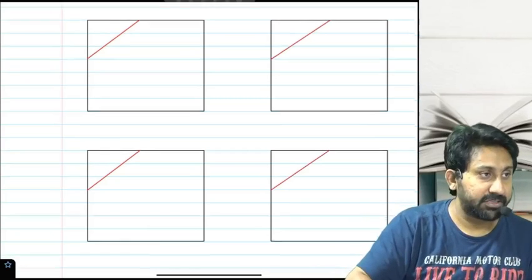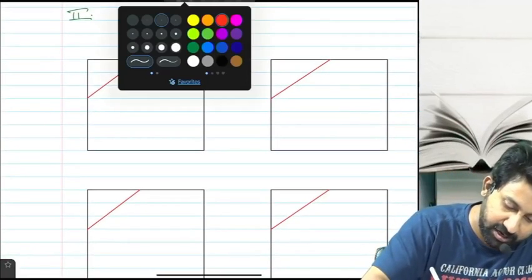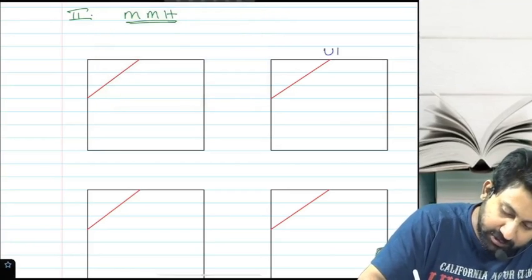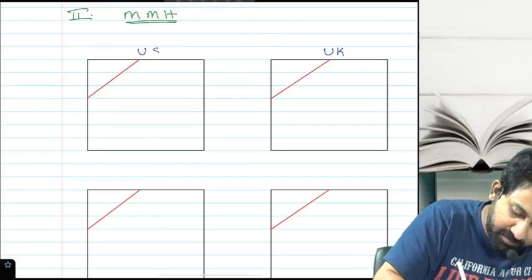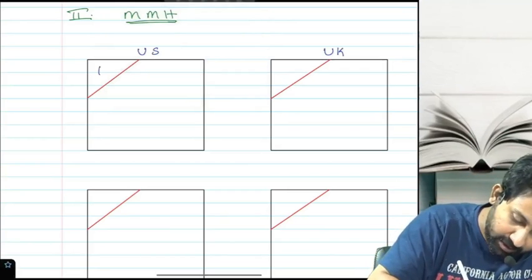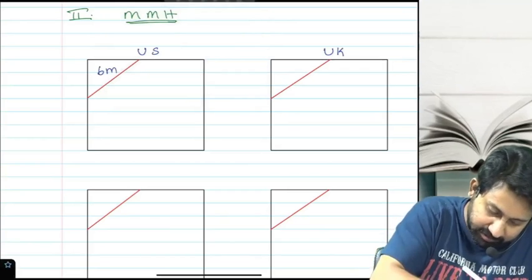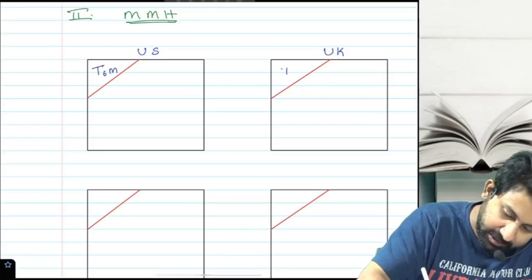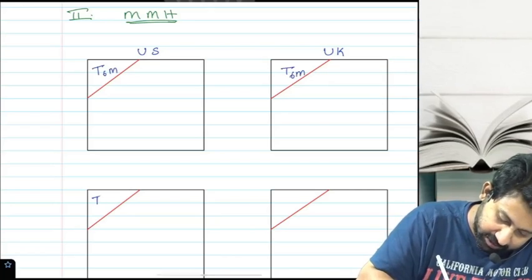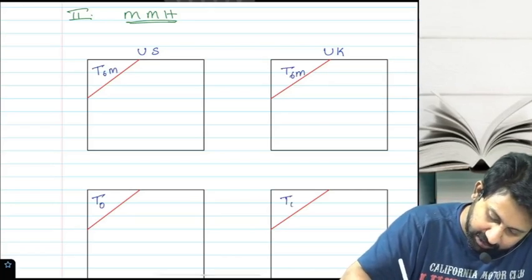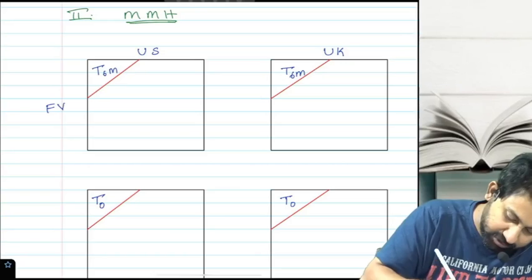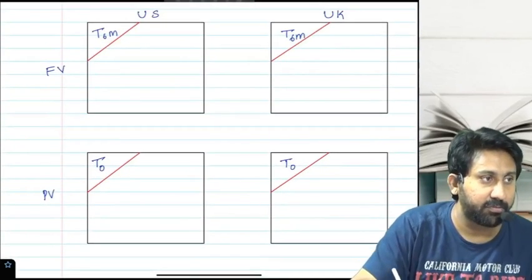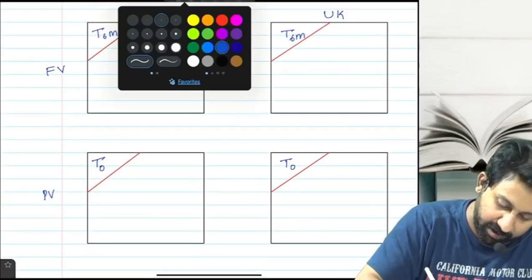First, this is a 6 months contract. Let's write down the details properly. Our home currency is UK. Payment should be made in USA. It will be paid after 6 months. I will write T 6 months, T0, future value, present value.